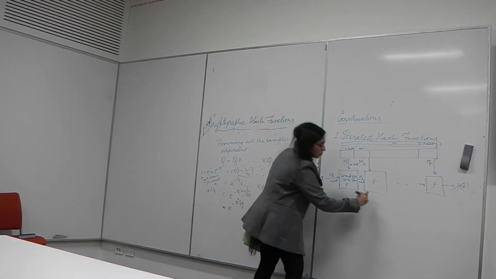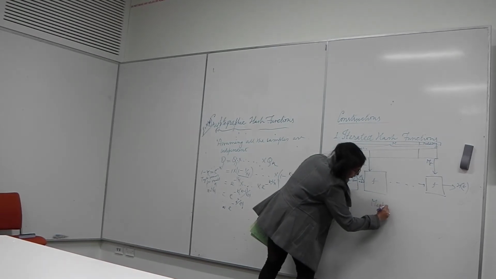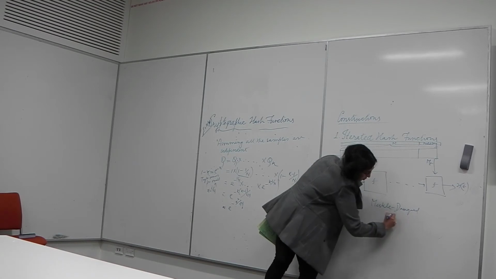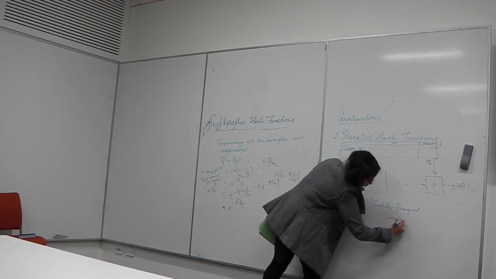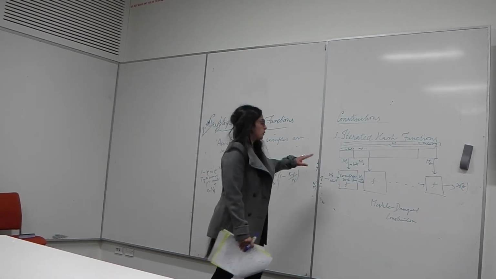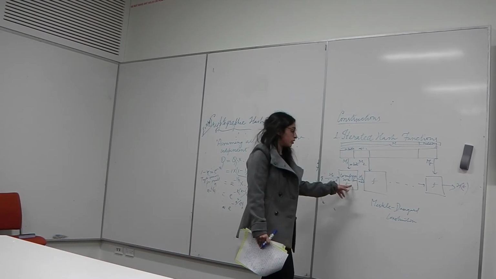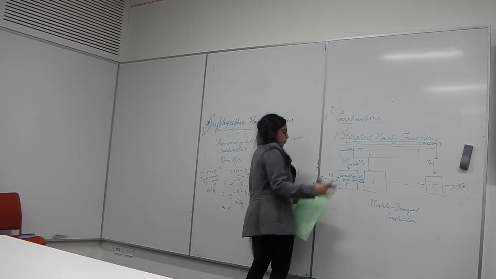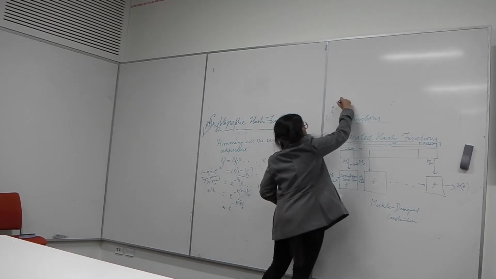This is called the Merkle-Damgard construction. So there is a compression function. Our objective is taking a message of arbitrary size and compressing it to some fixed size.